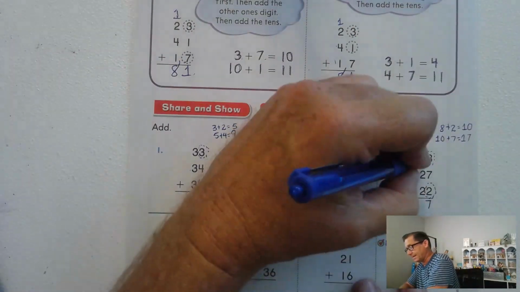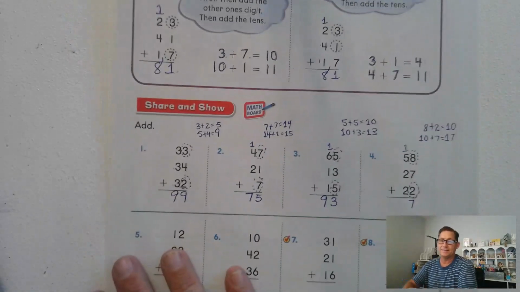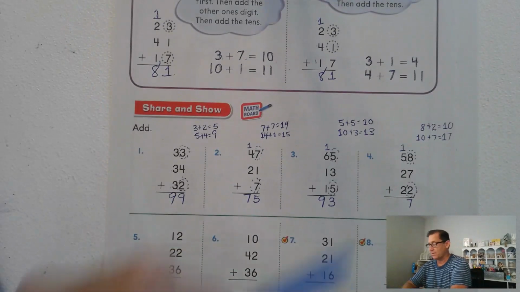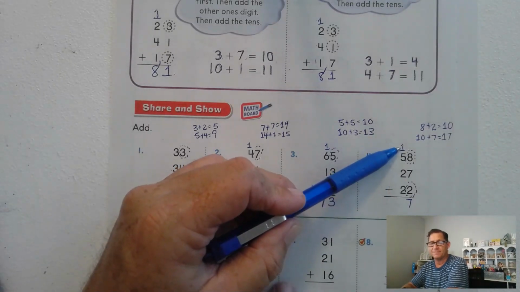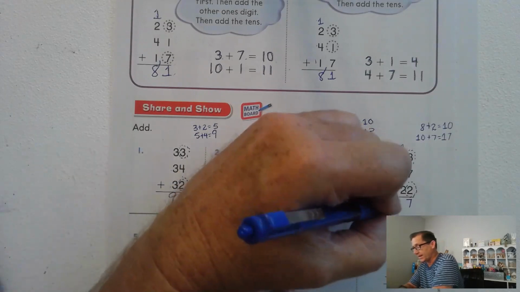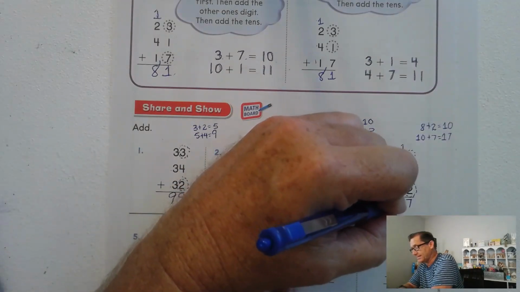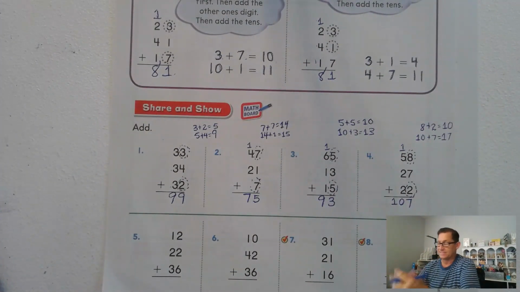Regroup that, add 1 ten and 7 ones, and now add the tens. Well, 2 and 2 is 4, plus 1 more 10 is 5, plus 5 more tens is 10 tens. I would regroup that as 100 and 0 tens. 10 tens equals 100.